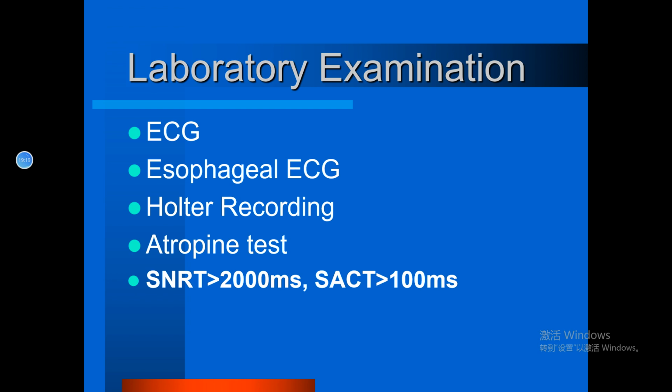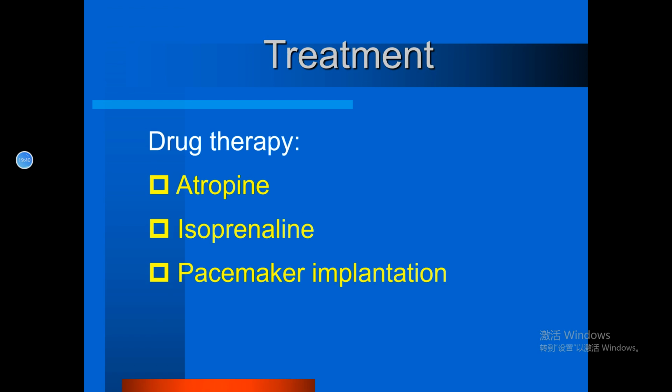If the heart rate is lower than 90 beats per minute, it means the patient's sinus node is abnormal. And what about the treatment? Drug therapy for sick sinus syndrome includes atropine and isoproterenol, and pacemaker implantation.